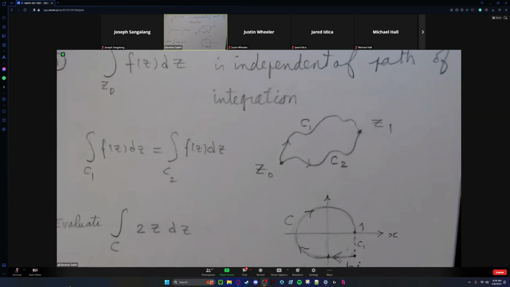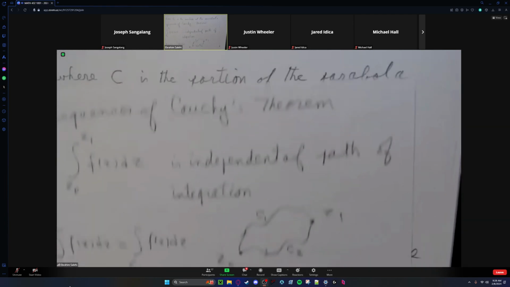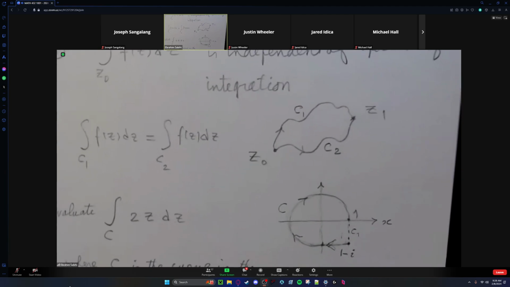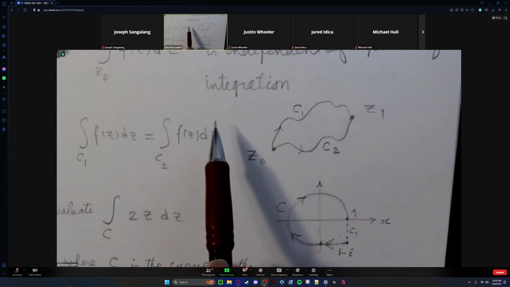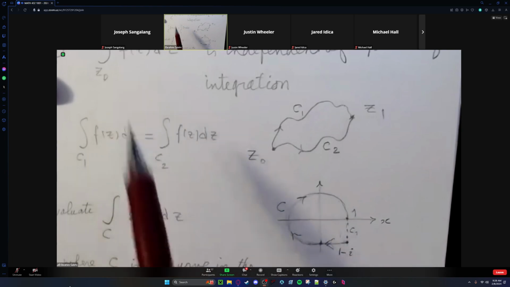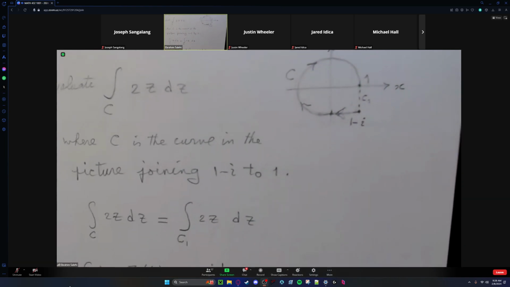Instead, I will go to this. So if you're integrating and the function has an antiderivative, the evaluation is pretty simple, okay?